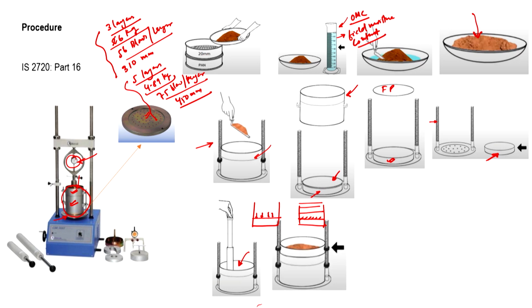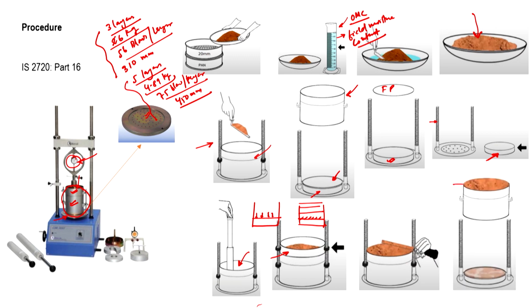After compaction, you see we have a collar here. This collar is an additional mold kept on top of the standard mold. We remove this collar and make the surface plane using a knife. Extra material is struck off and we get a plain surface.